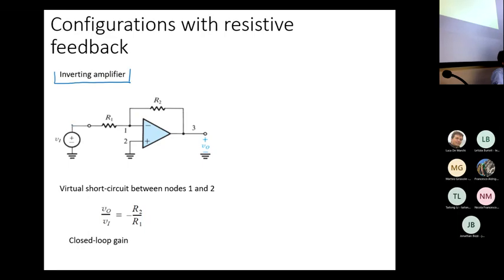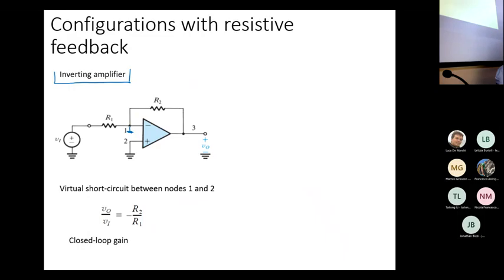So in the inverting amplifier combination, we have the op-amp connected with this feedback loop consisting of R1 and R2. If the op-amp is ideal, we have, as I said, a virtual short circuit here, because the differential input should be equal to 0.